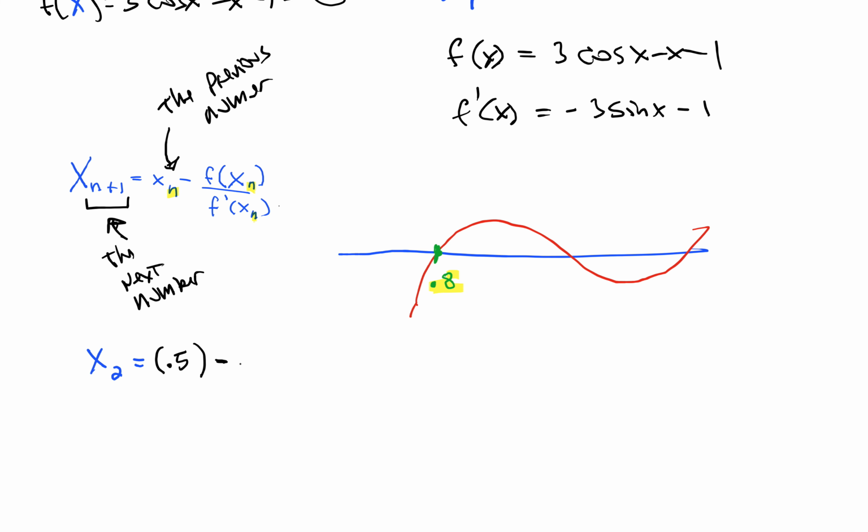So we're going to go minus, how should we do this? Bracket over, and then you have 3 cosine 0.5, close, minus, and if you maybe highlight, let me take this highlighter off this 0.8 right here, and let me put the highlighter on this guy up here.